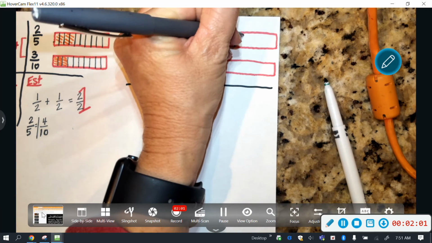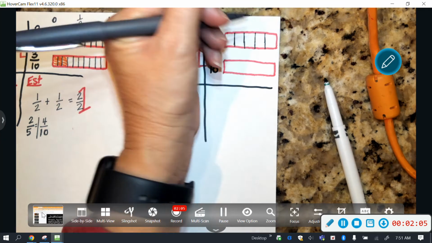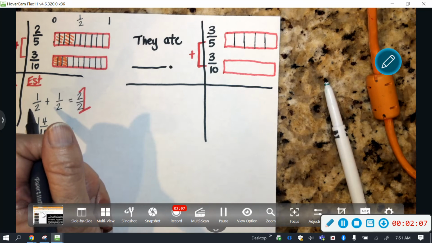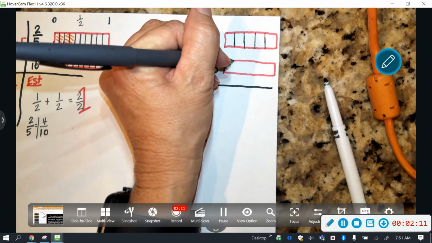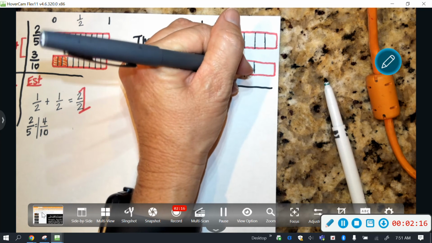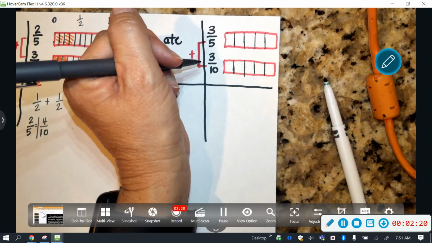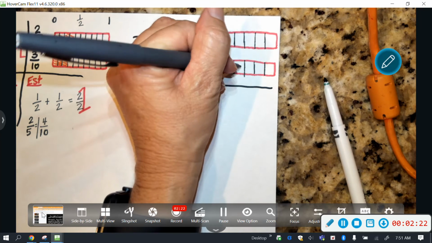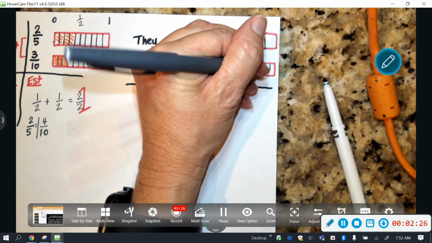So 1, 2, 3, 4, 5. And I'm going to cut my second picture into 10 equal parts using those same lines as a guide. Now if I cut fifths in half, then I can easily get to tenths, just like before in number 1.